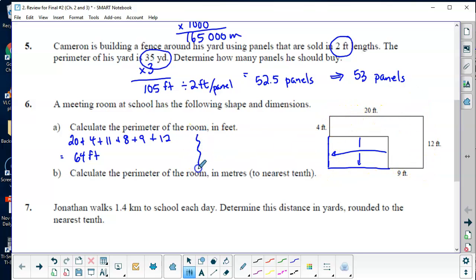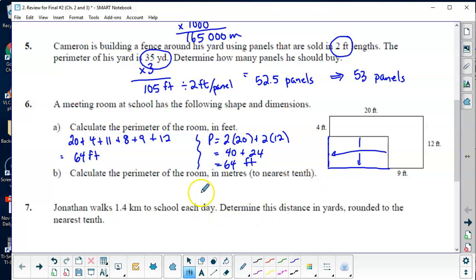And so we could say, the perimeter of the rectangle is 2 times the length plus 2 times the width. So the 20 and the 12, not the 4 and the 9. So that would be 40 plus 24 is 64. So it just depends on the shape. We could do that with this one.